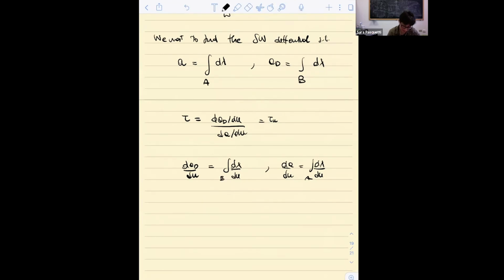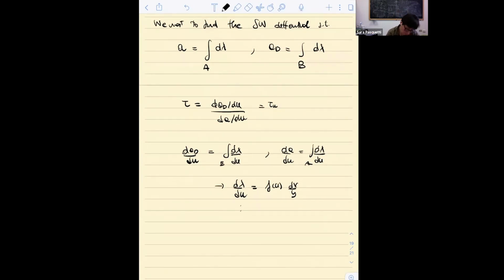So you can try to look for a solution of this type for lambda and integrate in u, and then fix this possible function f of u to reproduce the expected behavior at the singular point. So you can do this.